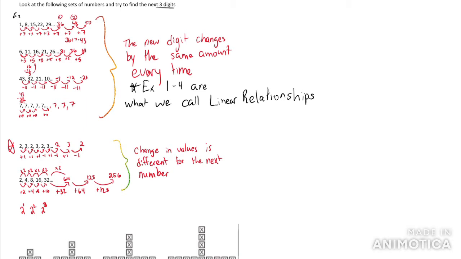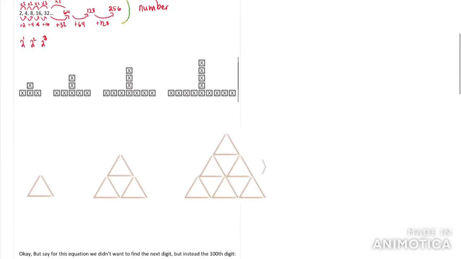But for now, when we think of a linear relationship, I want us to think about the pattern changing by the same amount. It can be adding, it can be subtracting, it can be adding a decimal value. That's not an issue so long as it adds or changes by the same amount for each step that we take. Let's look at this now with some pictures.